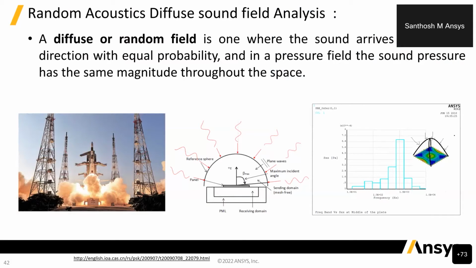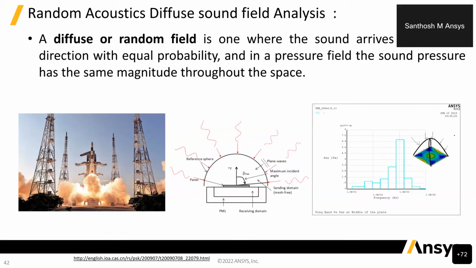A typical application you can imagine is during launch vehicle firing, there is a lot of sound coming out because of the exhaust. This sound can impact the outer body of the launch vehicle, which carries the satellite and other very delicate instruments. That will make those delicate instruments vibrate and fail.